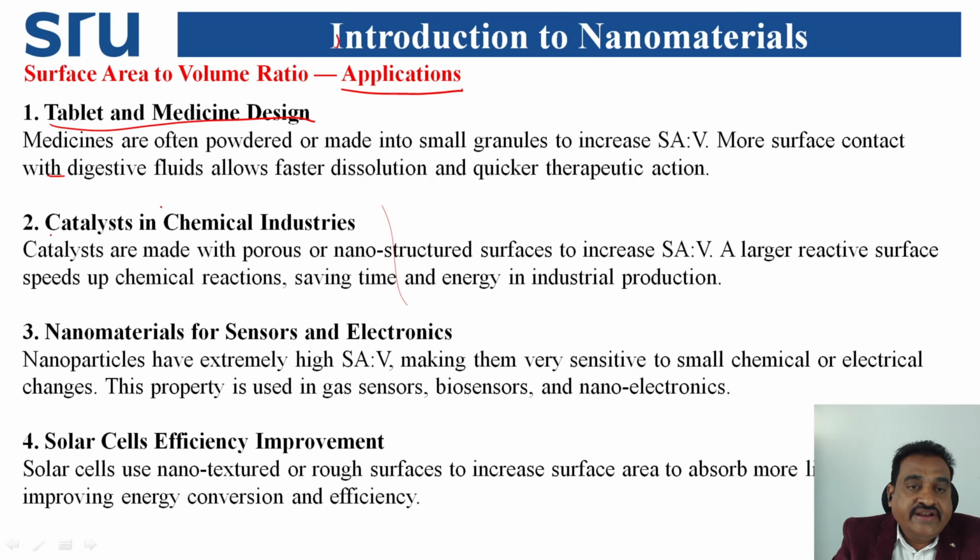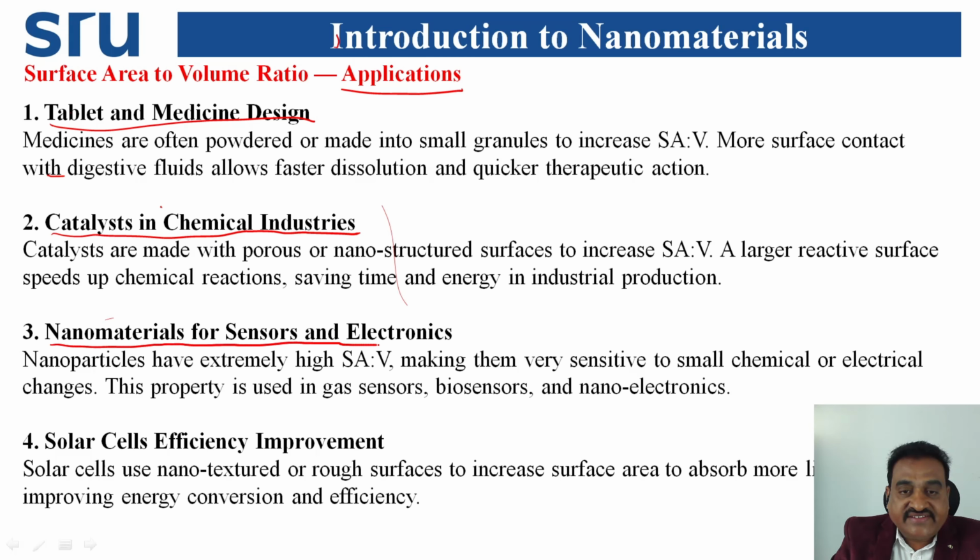Another application for surface area to volume ratio: catalysts in chemical industries. Catalysts are made with porous or nanostructured surfaces to increase surface area to volume ratio. A larger reactive surface speeds up chemical reactions, saving time and energy in industrial production.